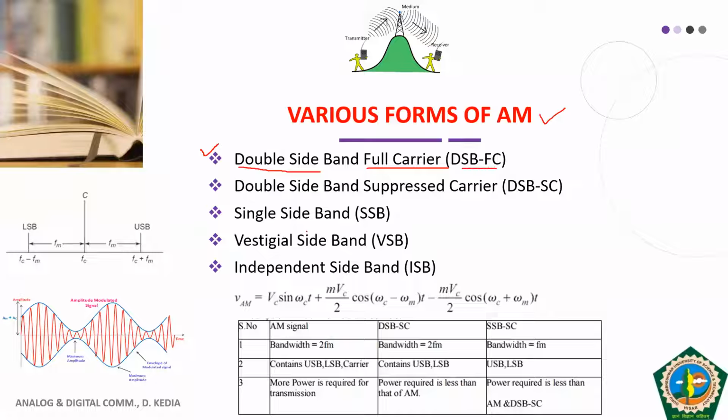This is the original AM, which we are discussing from day one, that is your double sideband full carrier, complete AM. In short, we represent it as DSB-FC, double sideband full carrier.